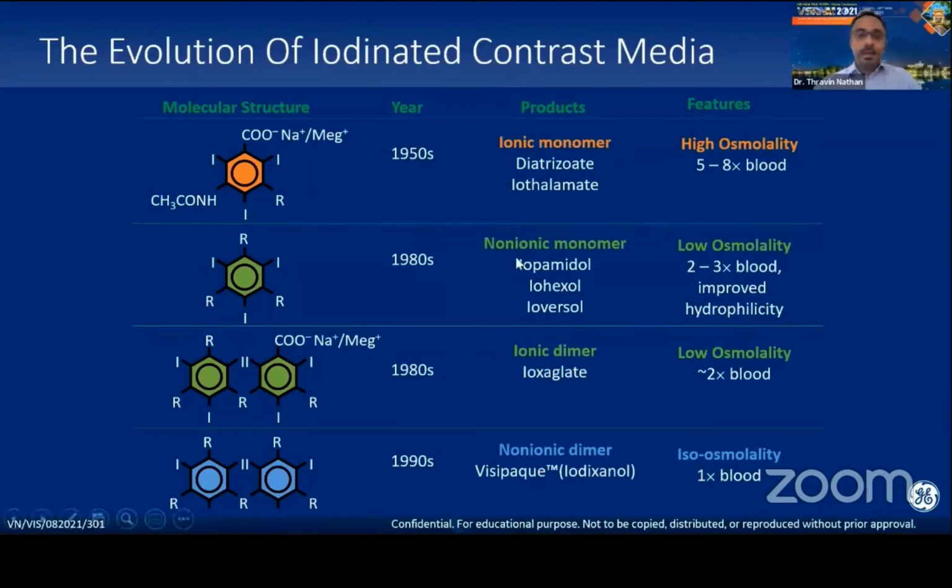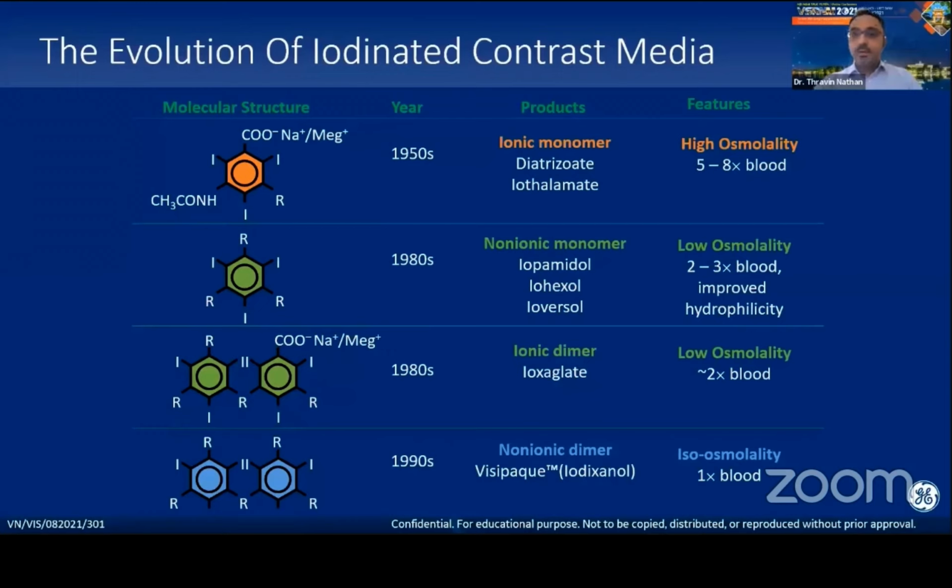Moving into the 1980s, we then have the classification called the low osmolar contrast media agents. These agents are typically the non-ionic monomers as well as the ionic dimer. They are called low osmolar contrast media agents.